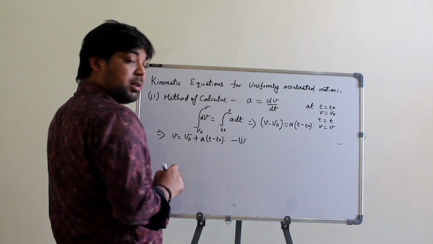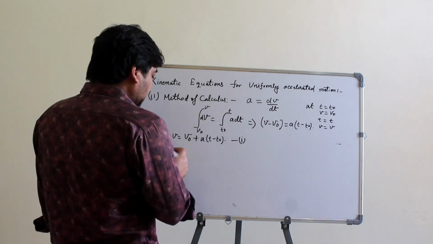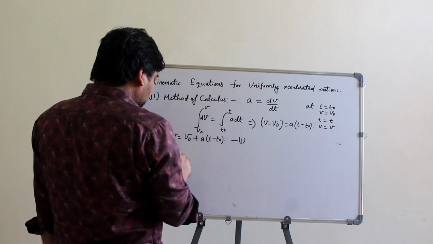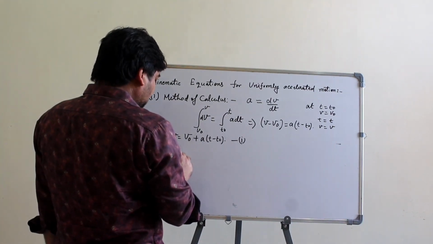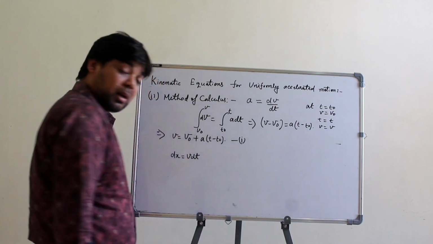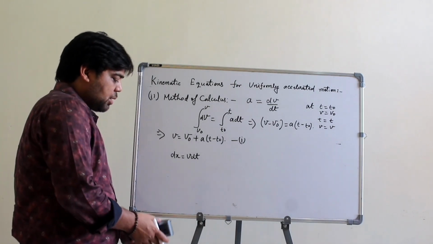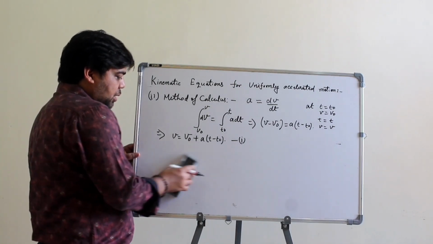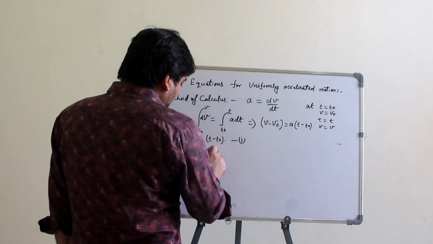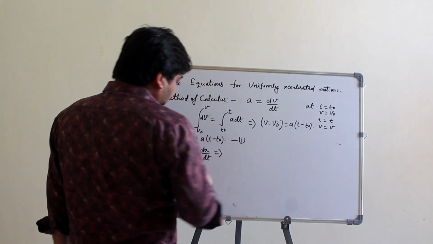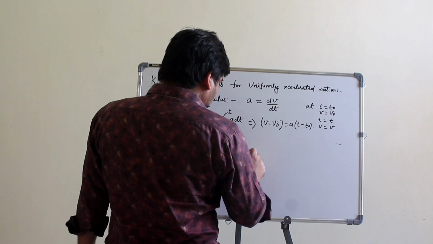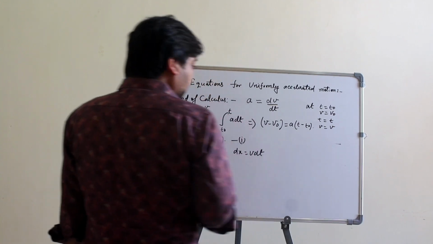Now we want to calculate the displacement. How will we calculate the displacement? We know that displacement dx is defined as v dt, or you can write it another way, v equals dx by dt. This implies dx equals v dt, and what is v?